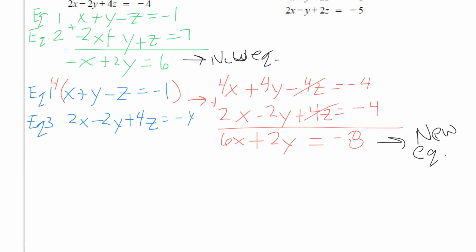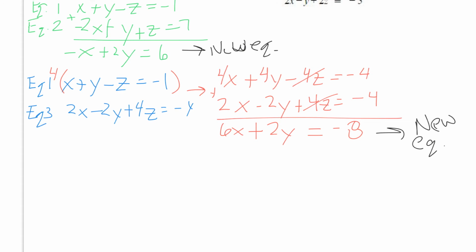So as we scroll up a little bit here, now what I want to do is I'm going to take both of my new equations. So I'm going to take new equation number 1, and that's negative x plus 2y equal to 6.